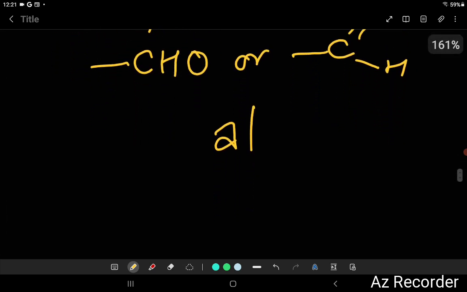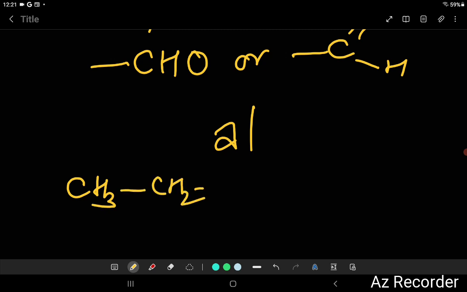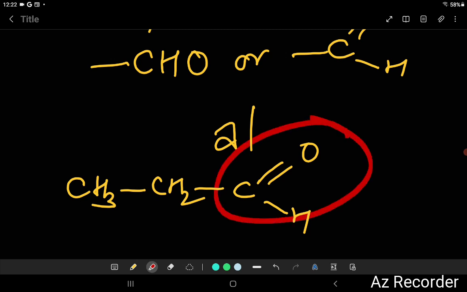I am giving one example. This is CH3 CH2 single bond C double bond O single bond H. You must know this is your functional group, aldehyde. It contains 1 carbon also, and this carbon should be numbered when you are going to write the name.